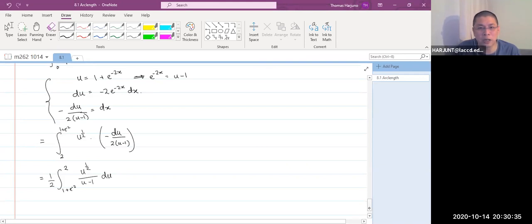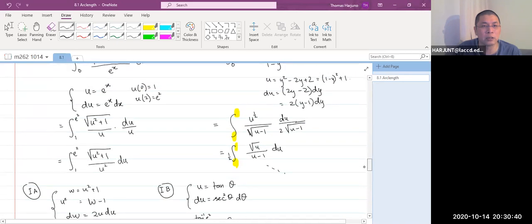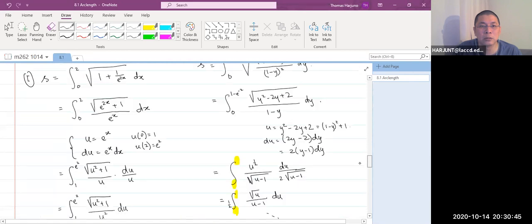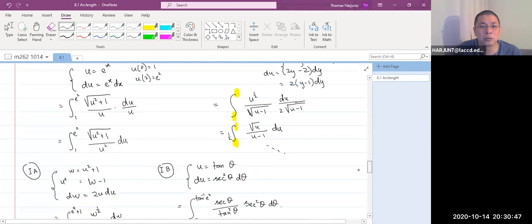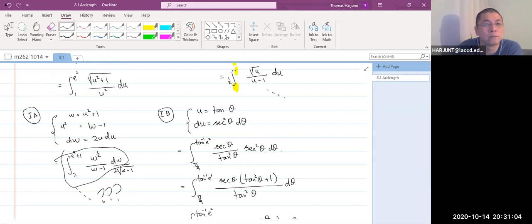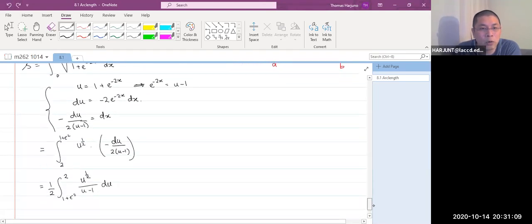The thing is, what I did here is basically what I have here. Very similar, not exactly equal to, but very similar. Now the thing is, is this more integrable compared to the other one?